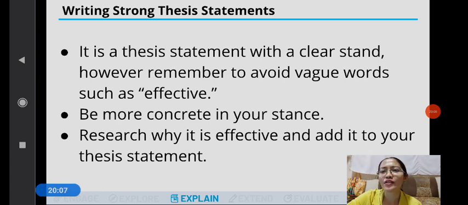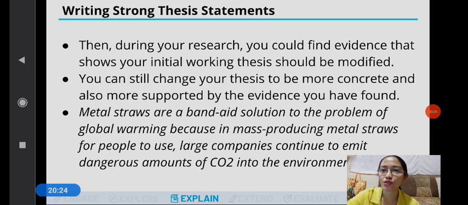Research why it is effective and add it to your thesis statement, a brief articulation of your stand on the issue or topic. Then, during your research, you could find evidence that shows your initial working thesis should be modified or changed. You can still change your thesis to be more concrete and more supported by the evidence you have found.